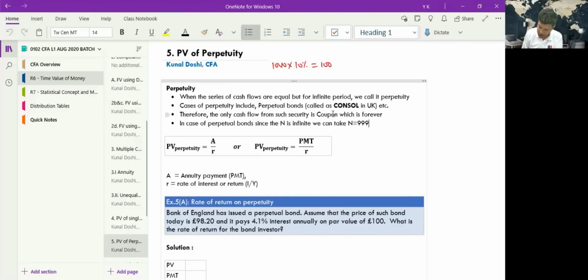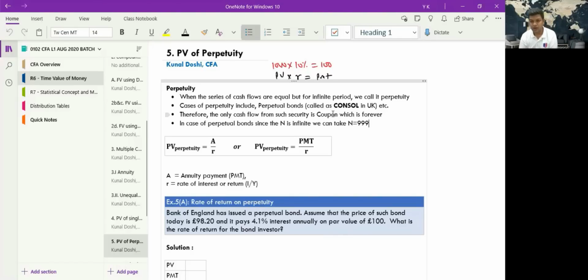Here, what was 1,000, guys? 1,000 was nothing but the present value of the bond, I can say, or present value of the perpetual instrument. I multiplied that with the rate of return, and then what I got, 100, is the amount that I'm going to get forever. That amount for me is nothing but PMT, you can say, isn't it?